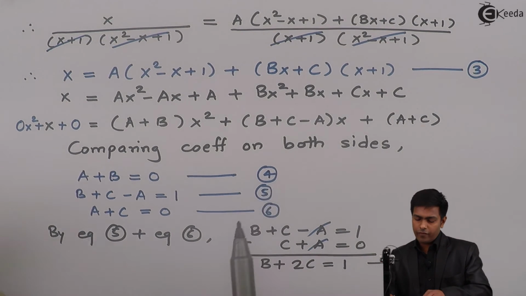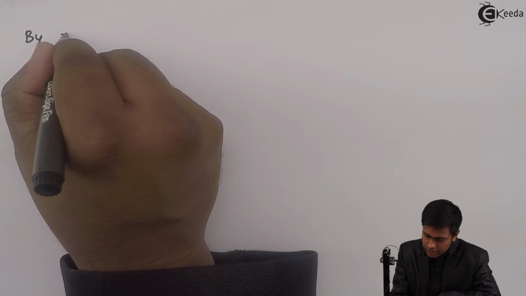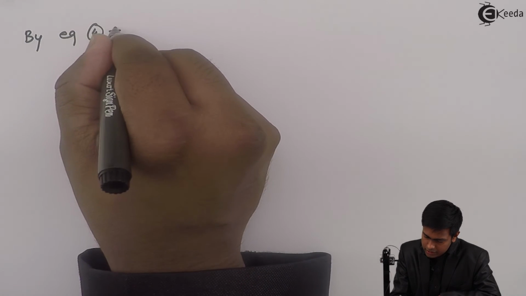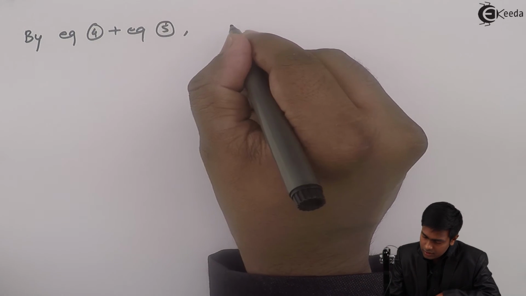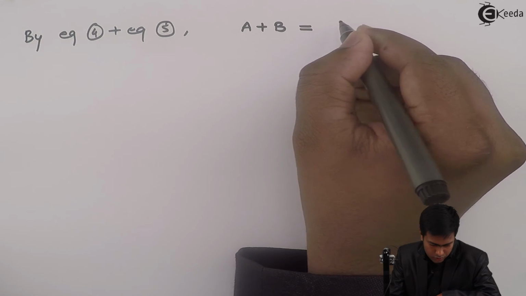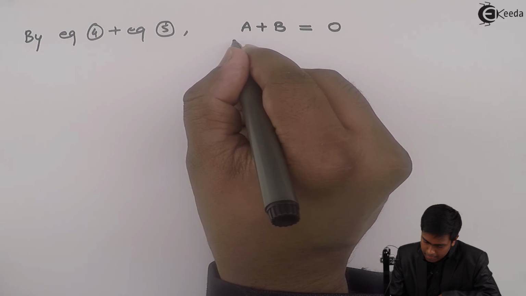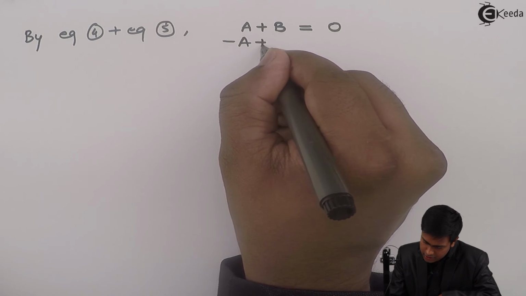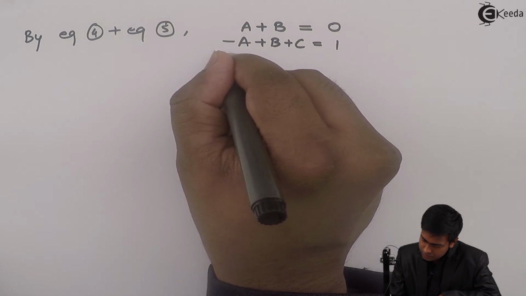So equation number 4 is a plus b equal to 0, and equation number 5 is minus a plus b plus c is equal to 1.